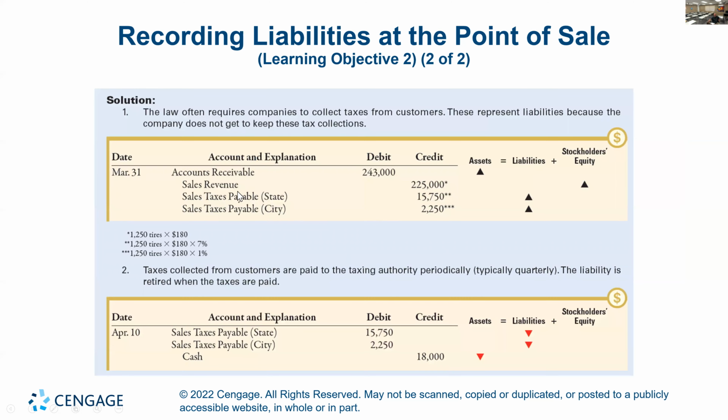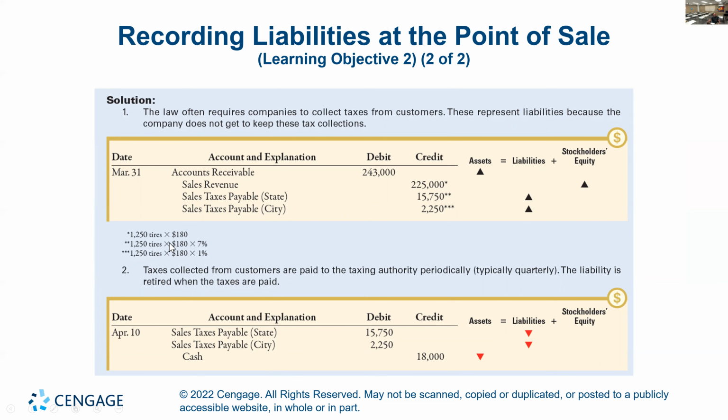Your revenue here is only going to be $180 per tire multiplied by 1,250 tires. That is our sales revenue. Then we create two liabilities here, two sales tax payables, one to the state, one to the city.